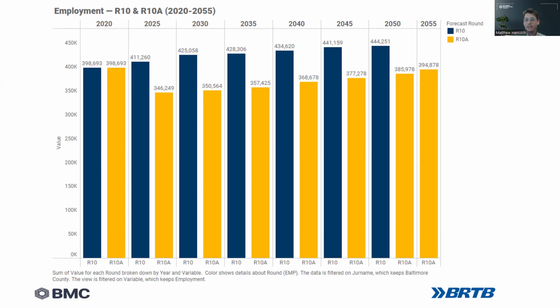But the growth frame that is actually in round 10A matches and in some points exceeds what was in round 10. So while the absolute numbers are reduced in between these rounds, the rate of growth in round 10A is actually surpassing round 10 in many of our forecast years.